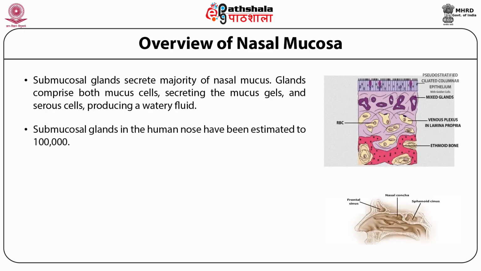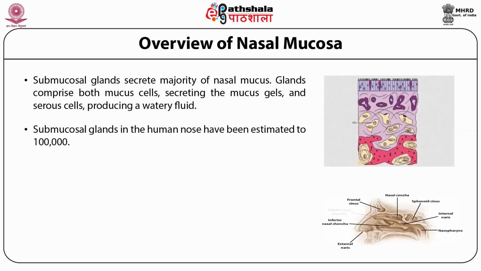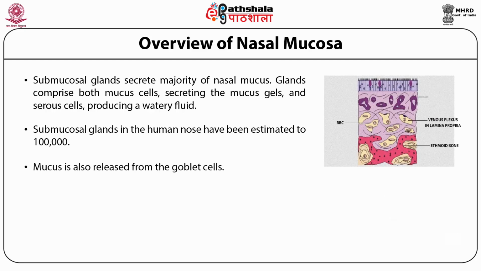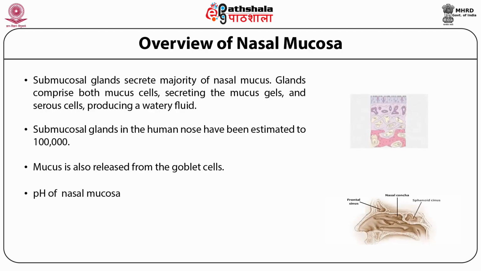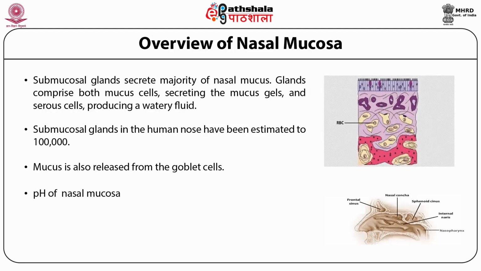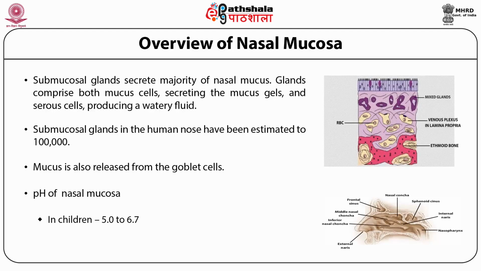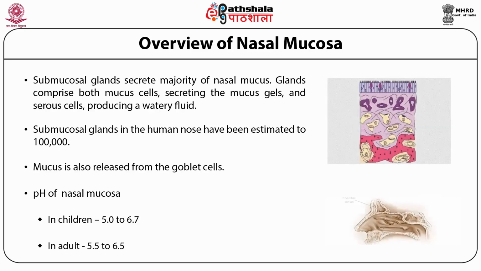Submucosal glands in the human nose have been estimated to be around 1 lakh in number. Mucus is also released from the goblet cells. The pH of the nasal mucosa varies slightly between children and adults. In the former case, it is between 5 to 6.7, whereas in human adults, it ranges between 5.5 to 6.5.